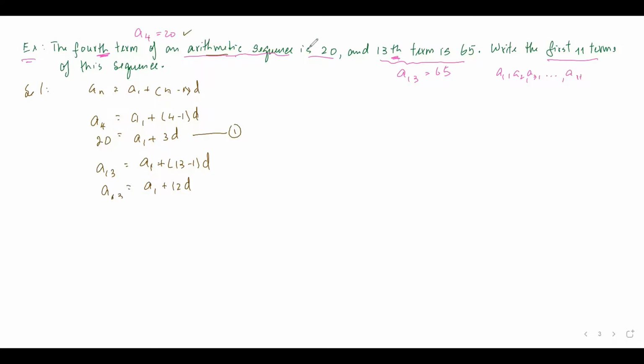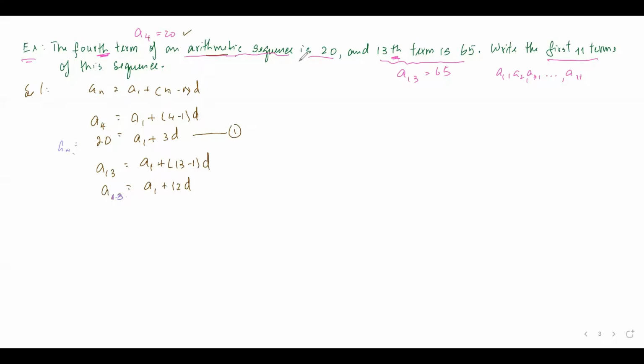You see, we just use the formula to prove it. This one is A4 and this is 3D, one less. And this is A13 and this is 12D, which is one less. From the formula we just proved, everyone recall?